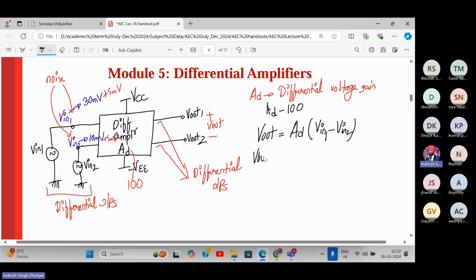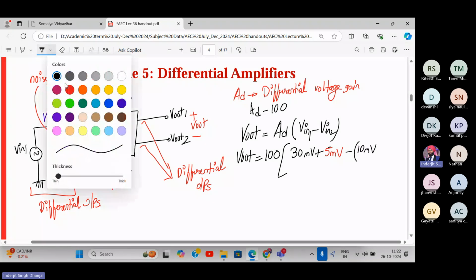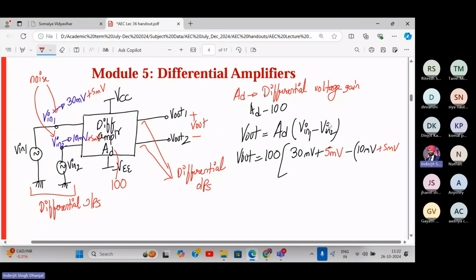V out will become 100 times V in 1, which is 30 millivolt plus 5, minus 10 millivolt plus 5 millivolt. Yes or no? So what will cancel out? Can you tell me?